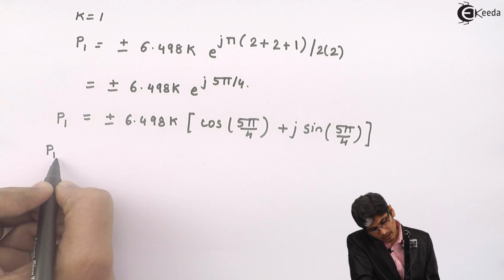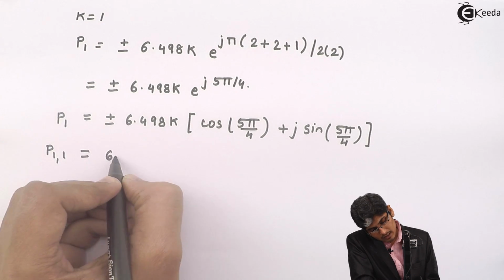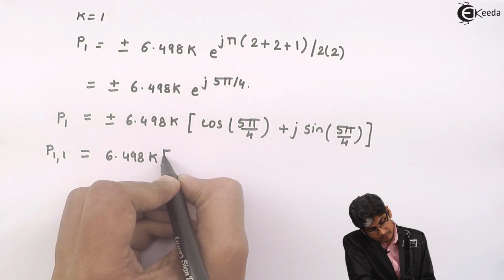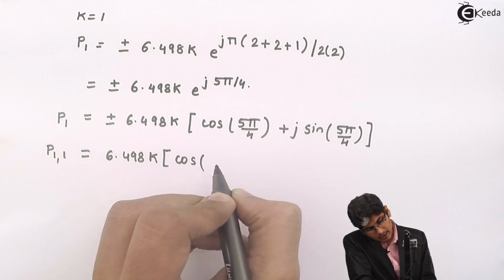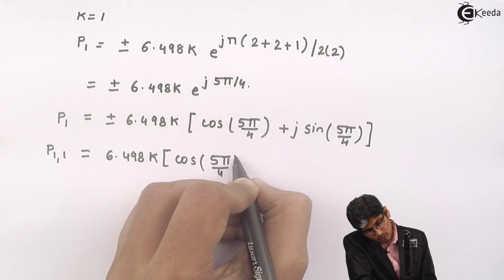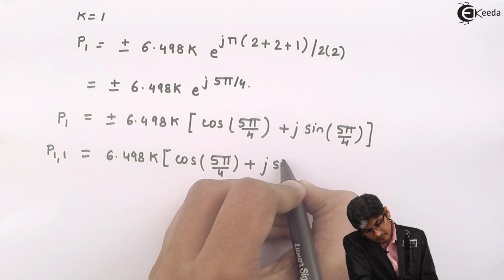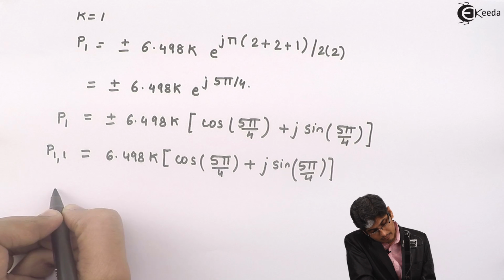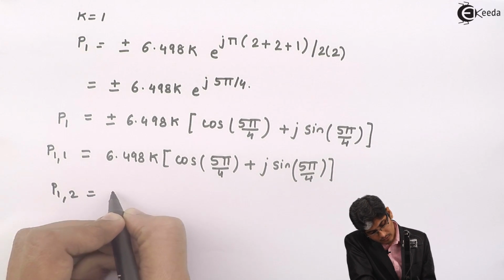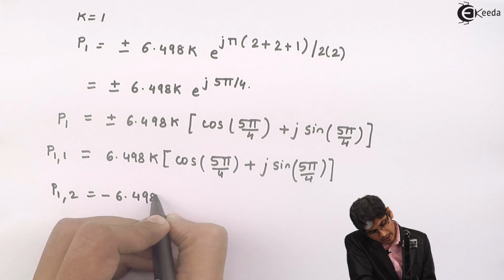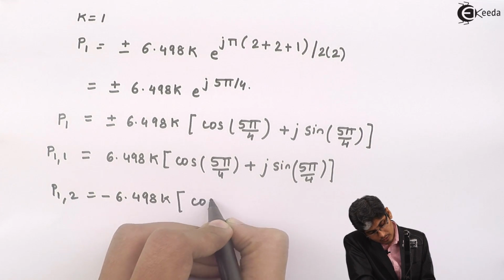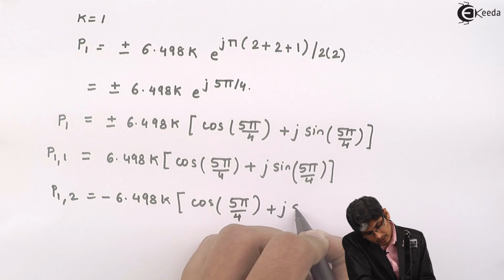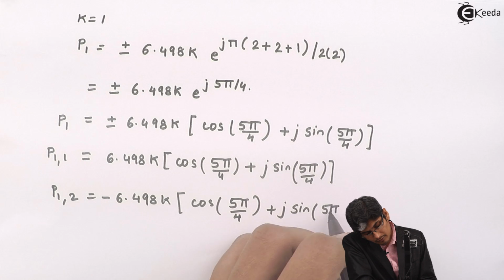So P11 will be equal to 6.498 k into cosine 5 pi by 4 plus j sine 5 pi by 4, and P12 will be minus 6.498 k into cosine 5 pi by 4 plus j sine 5 pi by 4.